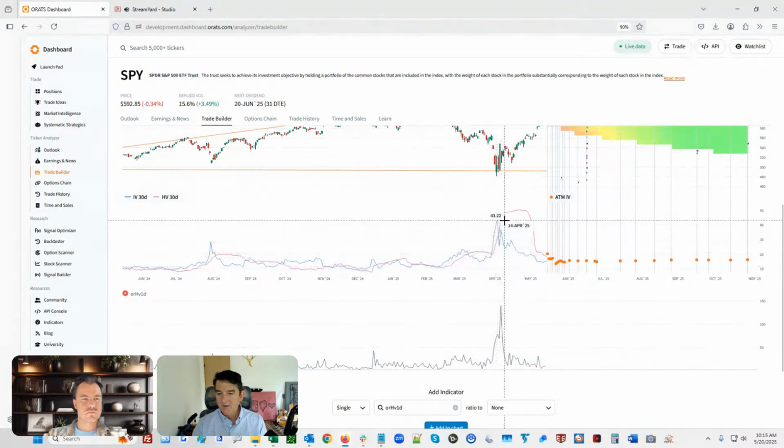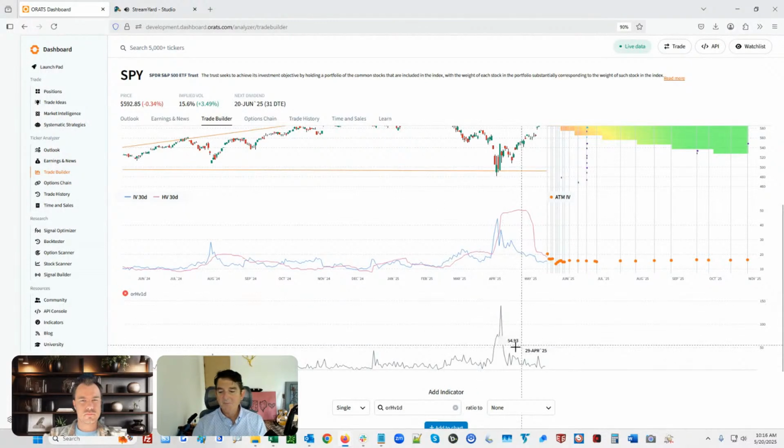So you'll see it spike up here, and if you're looking at a 20-day vol, it takes 20 days for it to come back down. But this is more down in the 12s, and almost single digits. Wow. For the actual vol. So that's why our forecast is low.